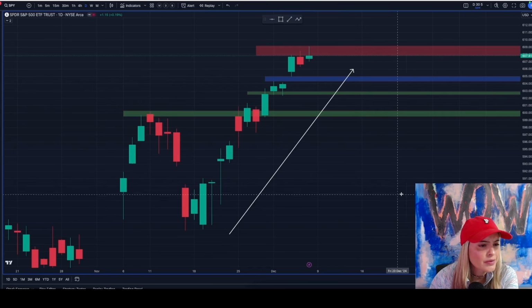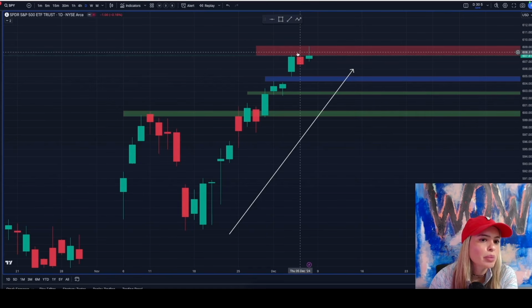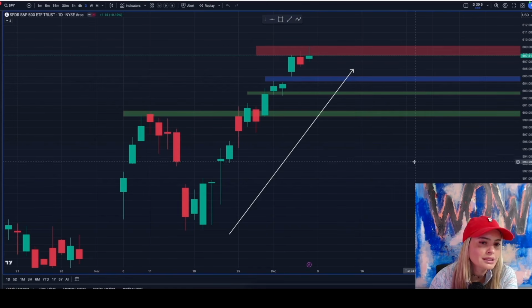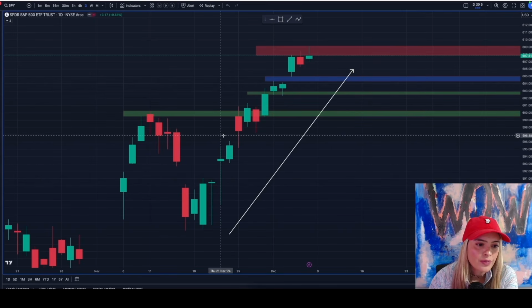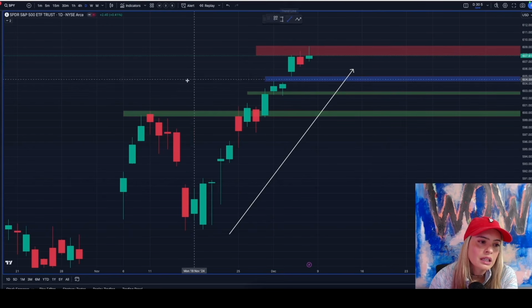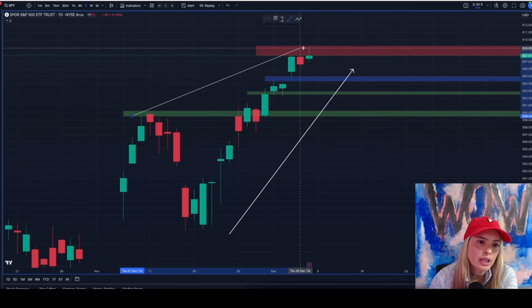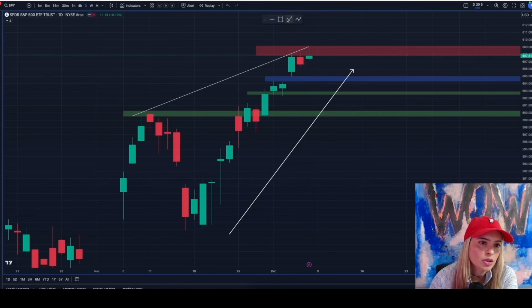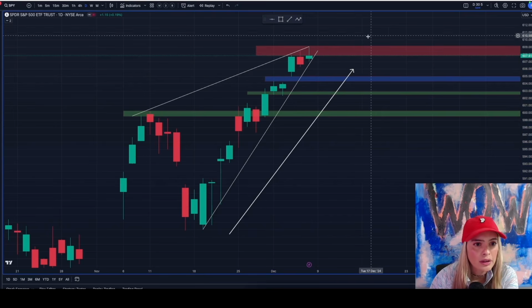And something that I've seen here is that SPY is kind of looking tired. The candlesticks are getting a little bit smaller, and we have 2 days of clear reaction here. And I'm looking for a possible rising wedge. I don't know, maybe.